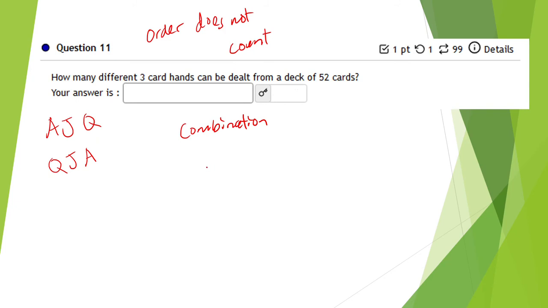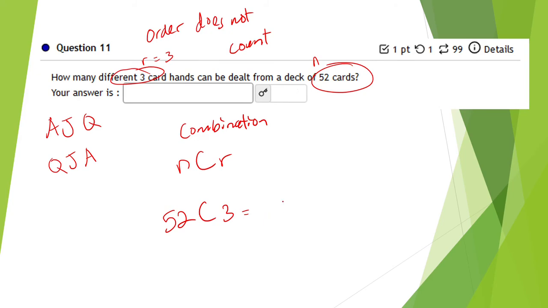So we're going to use our formula nCr. In this case, we have n is 52 and r is 3. So we're looking for 52 choose 3, and we'll enter that in our calculators.